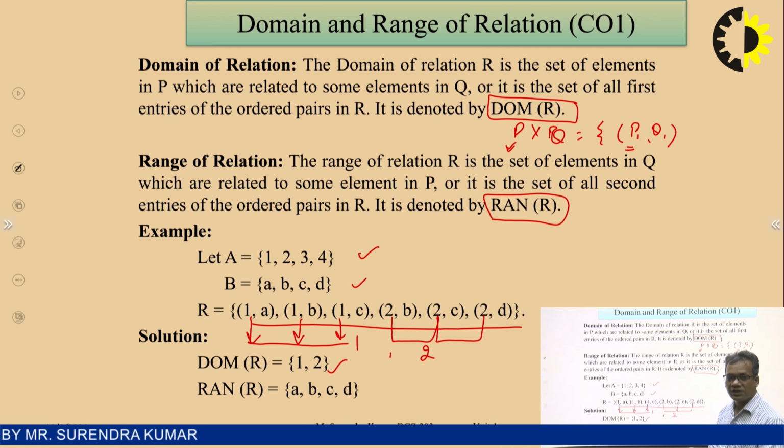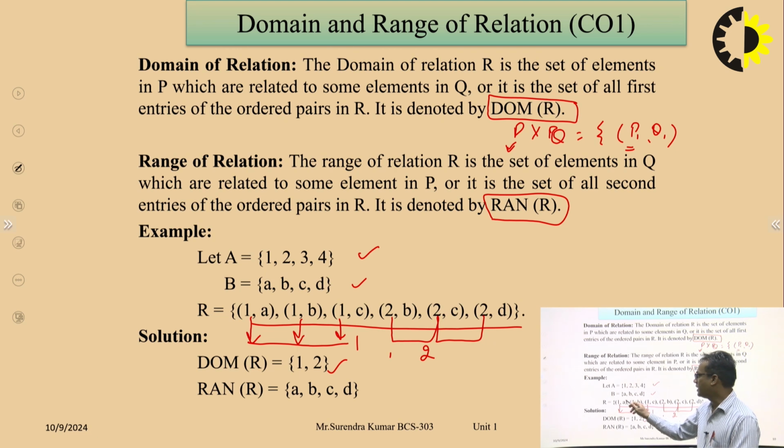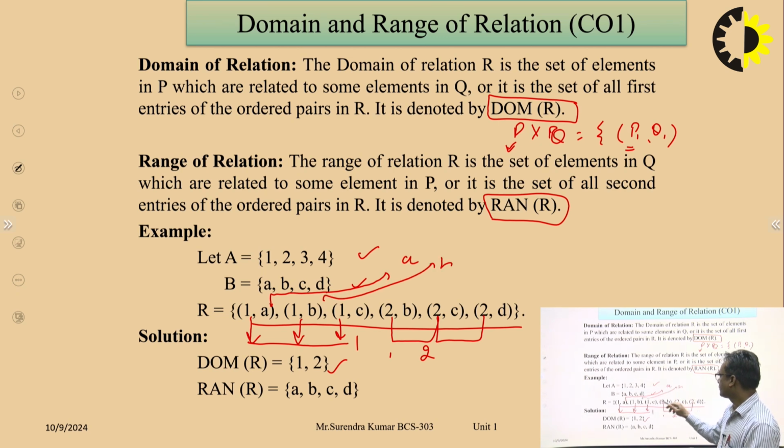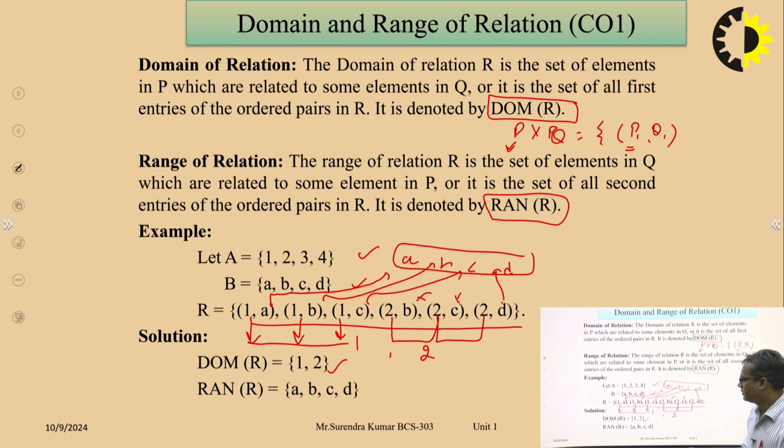If we talk about the range of R, we will see the second element: A, B, C, again B, so we will not take it, again C, will not take it, it's D. So we will have these 4 elements in the range: A, B, C, D. So here you can check, it is A, B, C, D. So it is very easy to find the domain and range of the given relation. Okay, fine.